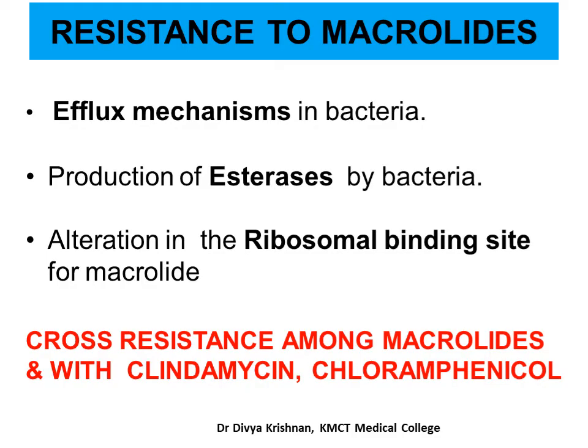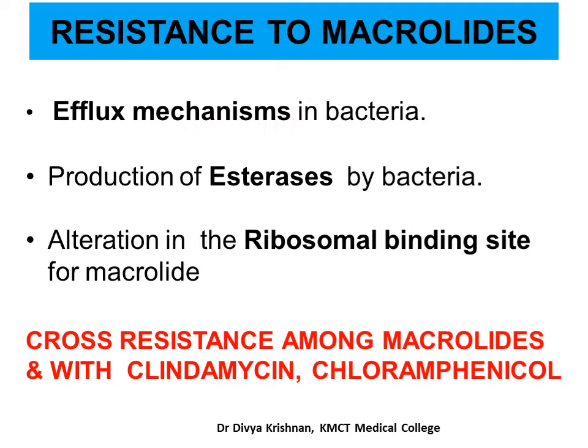Now let us look into the resistance to macrolides. Antibiotic resistance, as you all know, is an important problem that is faced by all. Certain bacteria have developed resistance to macrolides. Now how have these bacteria developed resistance? One mechanism is the efflux mechanisms that the bacteria have developed to pump out the macrolides.